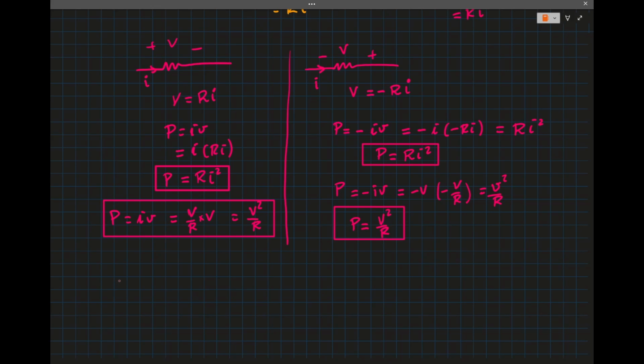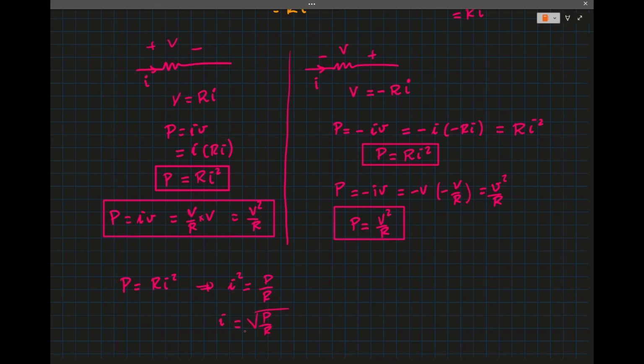So we know that P is I squared R. We can manipulate this equation to find I. So I squared will be P over R, so I is the square root of P over R.